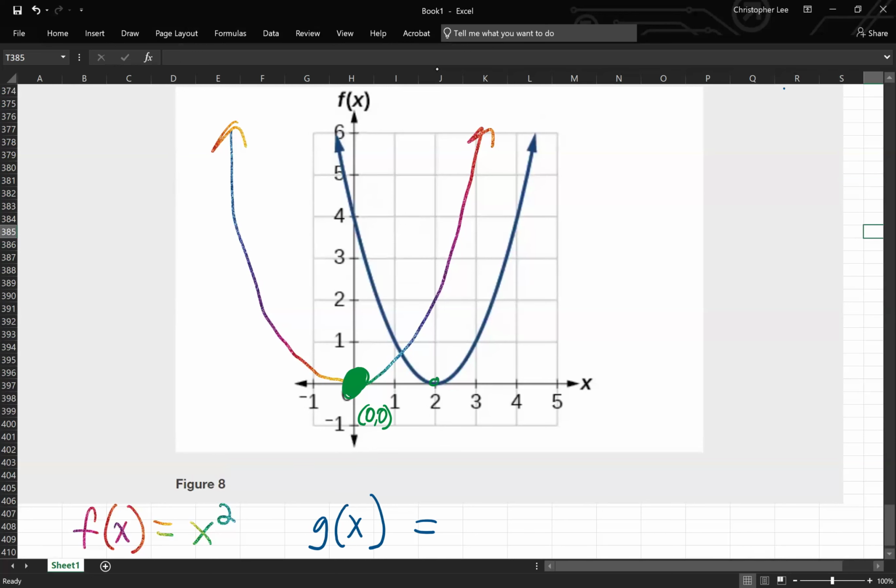In this shifted function g of x, what's the origin right here? It's 2, comma 0. So this was shifted how many units? 2 units, right? So what's the equation? Tell me.